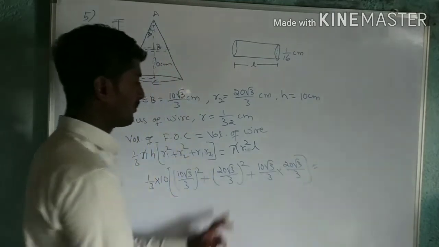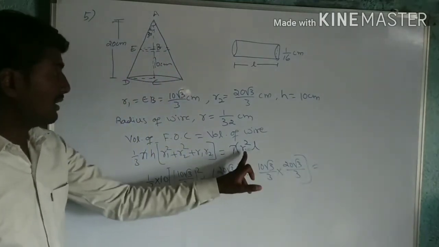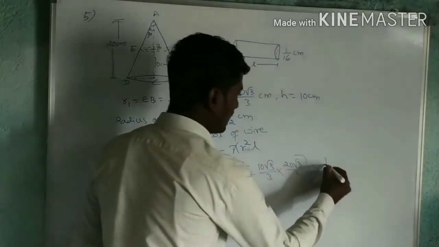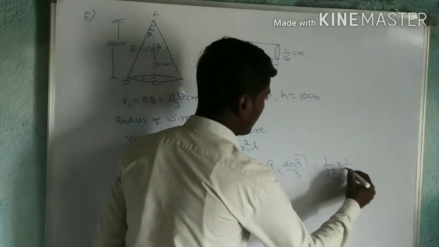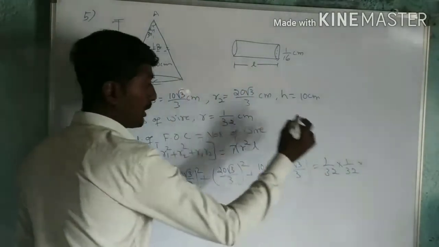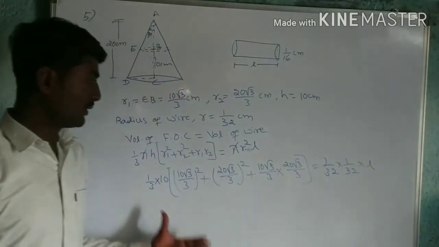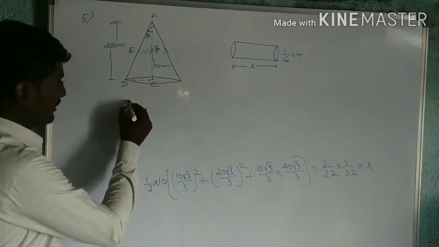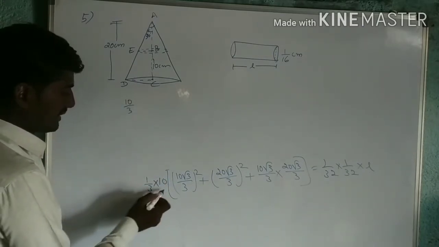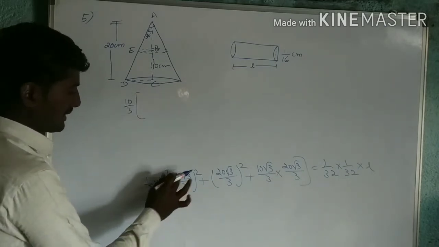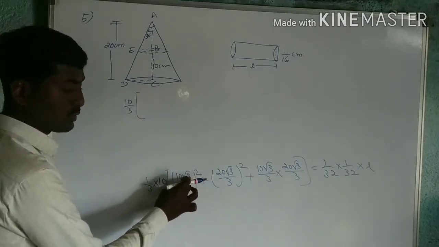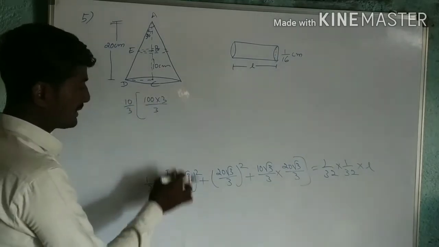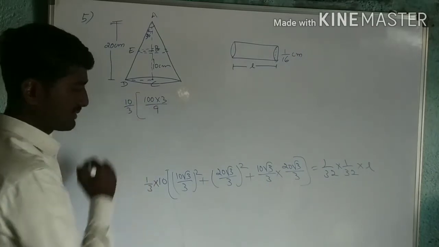Now this is equal to R square into L. R value is already 1 by 32, so that is 1 by 32 into 1 by 32 into L. We have to find that L. Now we have to simplify this. Next step: this is 10 divided by 3. Inside, 10 square is 100, 100 into root 3 square, which is 3, divided by 3 square, which is 9.